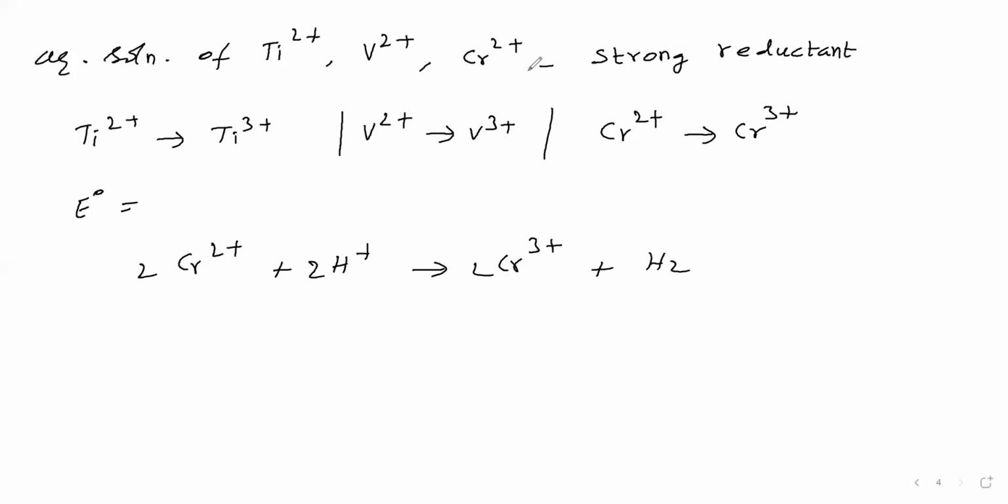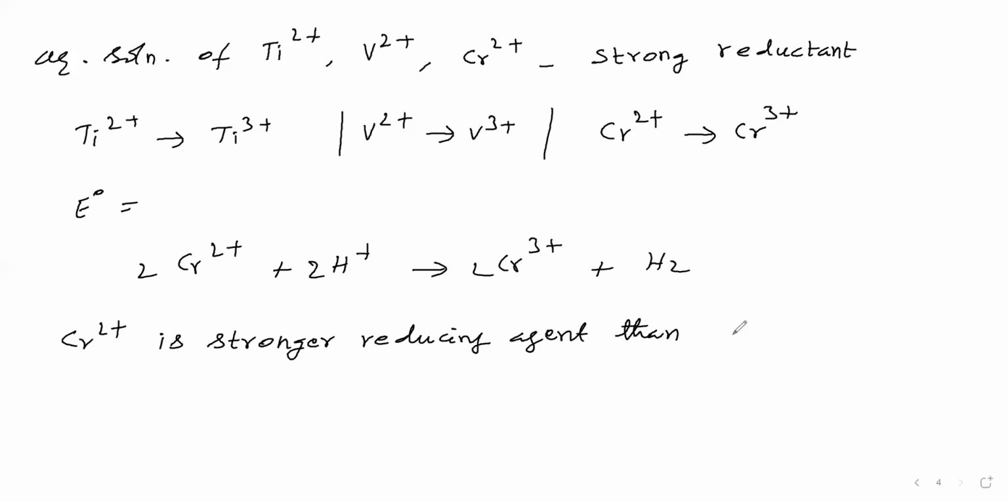Next point, you see that Cr2 plus is a stronger reducing agent than Fe plus 2. Cr2 plus aqueous is a stronger reducing agent than Fe plus 2 aqueous.